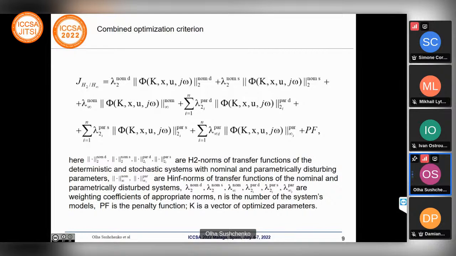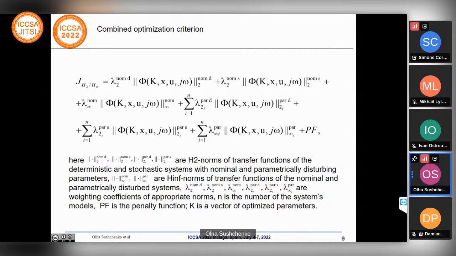It's based on H2 norms, which influence the accuracy of the system, and H infinity norms, which influence the robustness of the system. The thing is that it's impossible to achieve the optimal accuracy and robustness at the same time. We must use a compromise between these parameters.